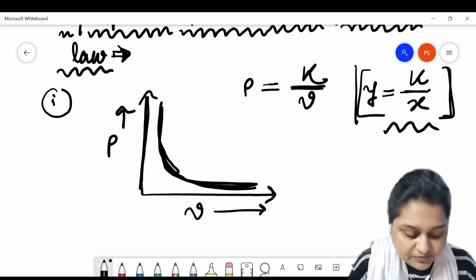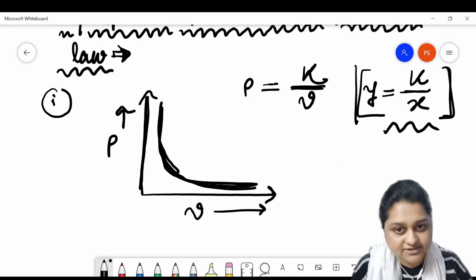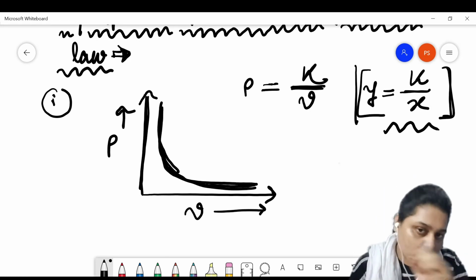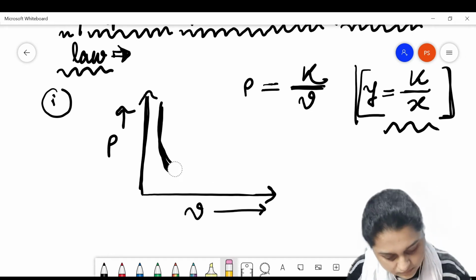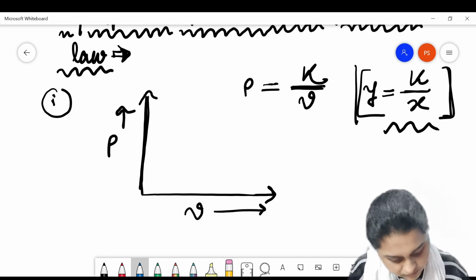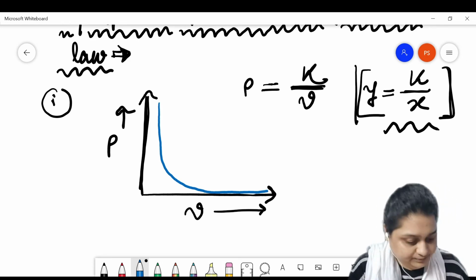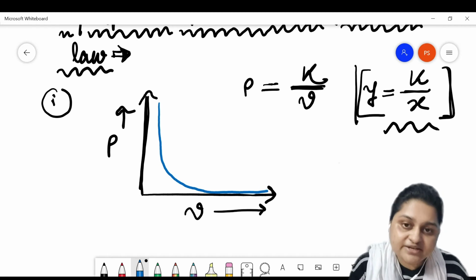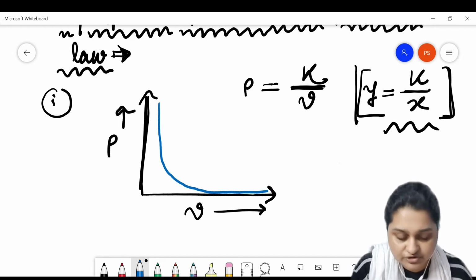What does this mean? This means that when you move along the V axis from right to left, the volume is decreasing, and with the decrease in volume, the pressure is increasing simultaneously, and at a certain point, with the decrease in volume, an abrupt increase in pressure can be observed.